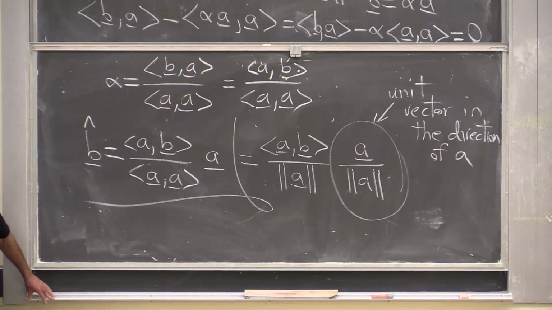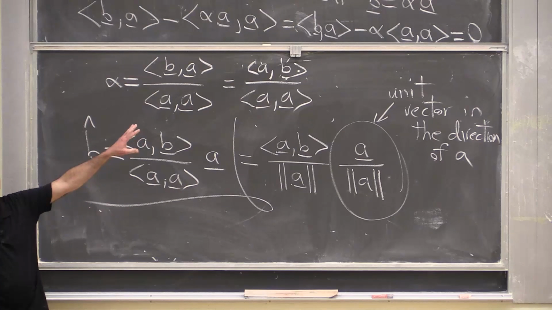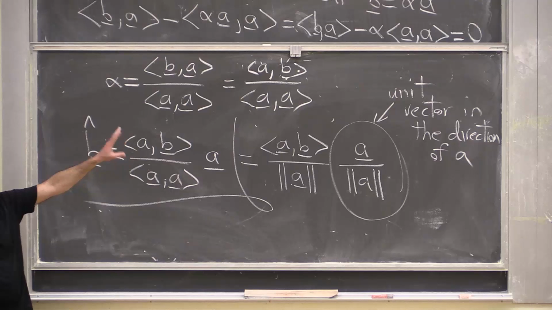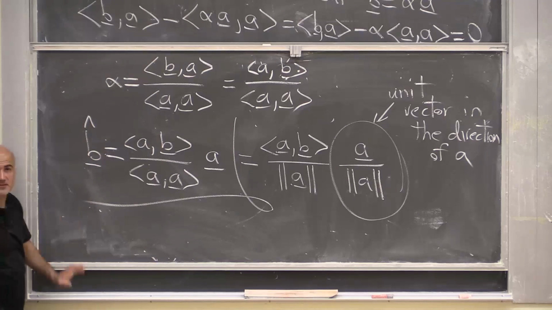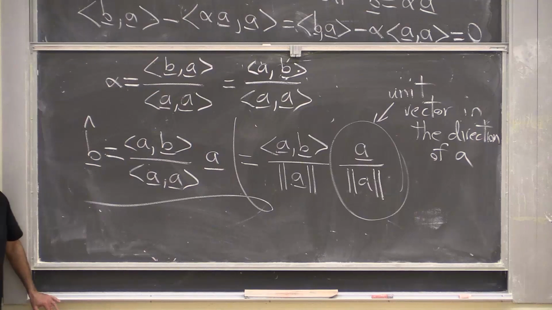Are we all good? The key is basically that picture that I drew with the vectors. If you understand that picture, everything else is just a corollary of that. Any questions?